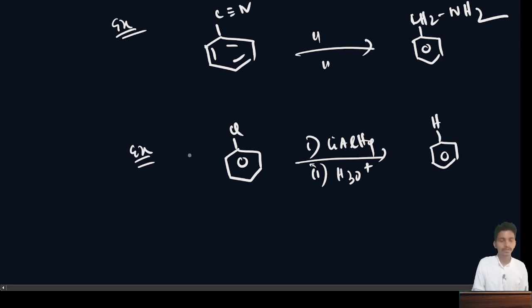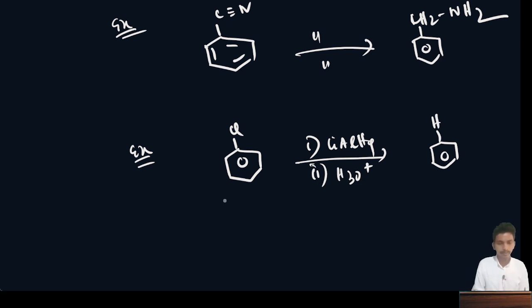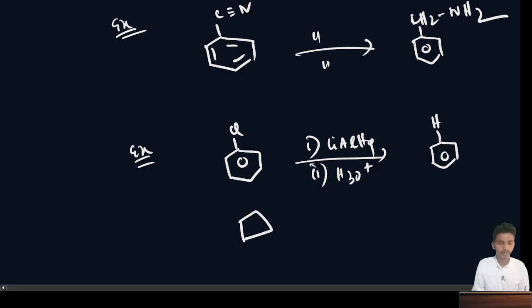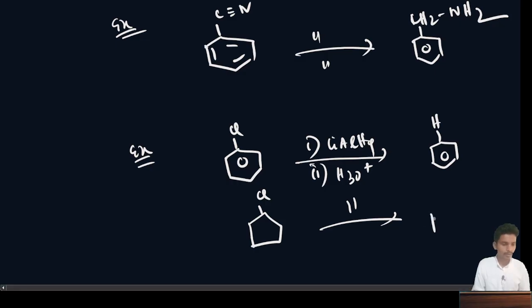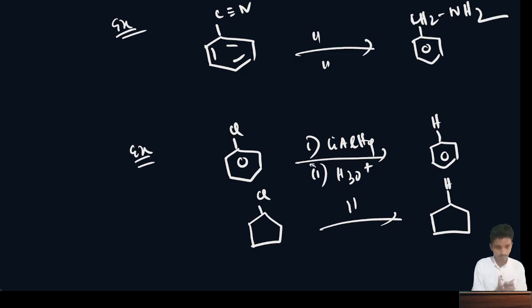Okay, so either it may be a benzene ring or any 5-membered ring. Here we have H and you give the same, Cl, and we also get the same thing. Okay, so this is about lithium aluminum hydride with polar bonds.